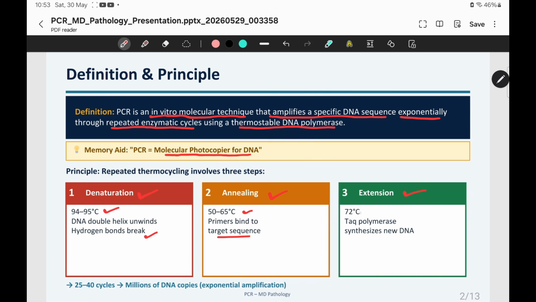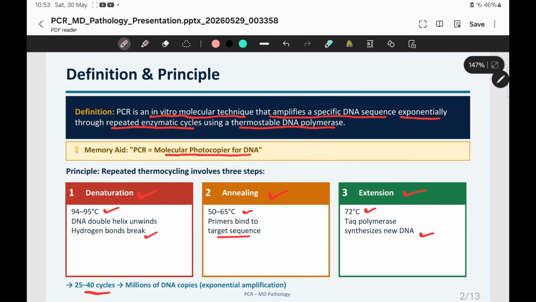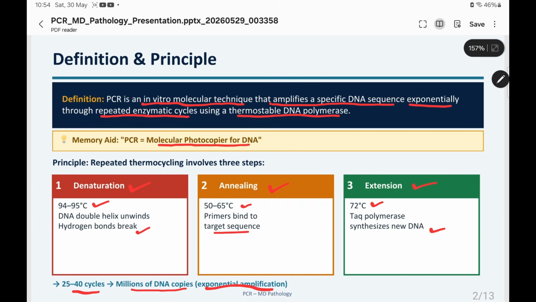In extension, which happens at 72 degrees centigrade, the Taq polymerase or the DNA polymerase enzyme synthesizes new DNA. And a total of 25 to 40 cycles of PCR happen, and this makes millions of DNA copies. That is, the exponential amplification of DNA happens.